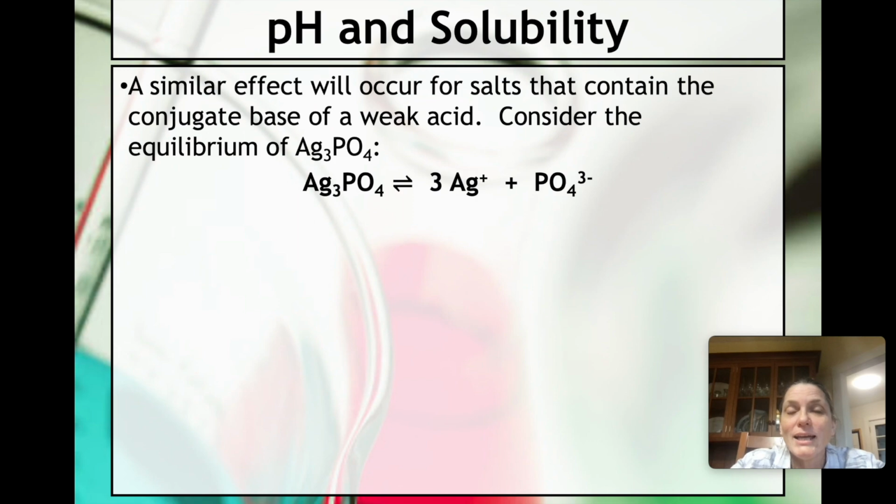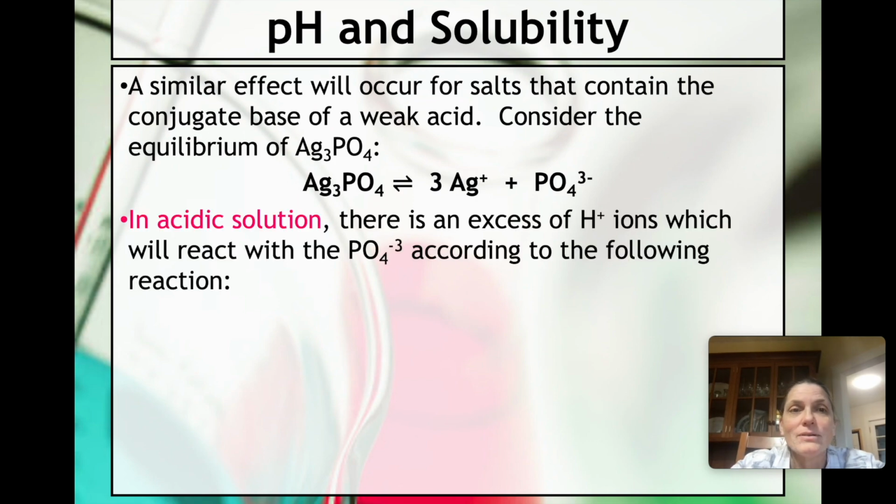So a similar thing can happen if you have the conjugate acid or conjugate base of a weak acid or weak base. In this case, we have the conjugate base of a weak acid: the phosphate ion, PO4 3 minus.